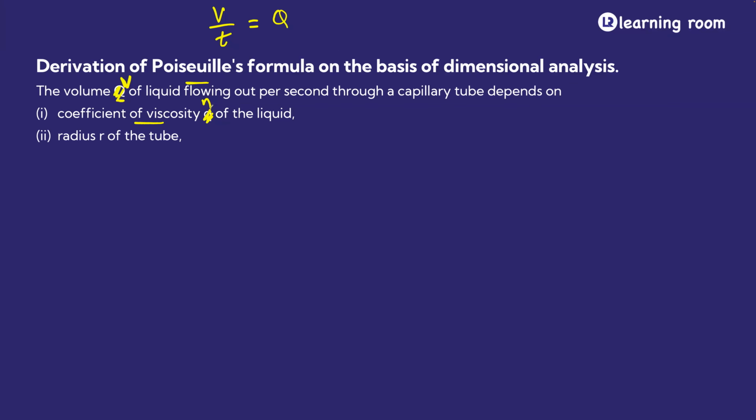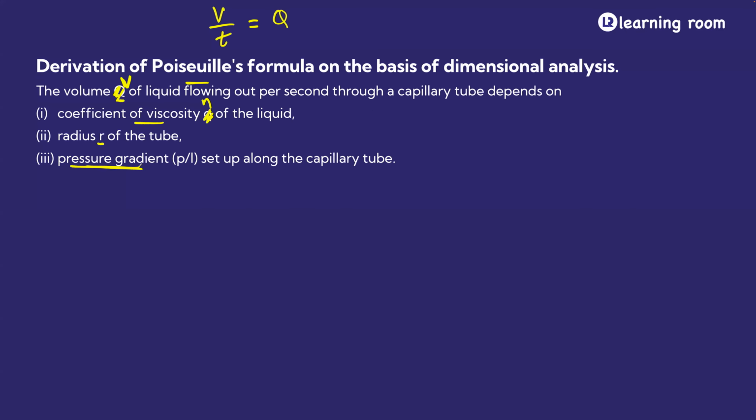Second, it depends on the radius of the tube. And third, see here another term has come. Now you'll understand it better. Pressure gradient. Gradient means what should be the denominator? Distance. And what is the prefix? That should be in the numerator. So pressure gradient set up along the capillary. Am I clear with this?